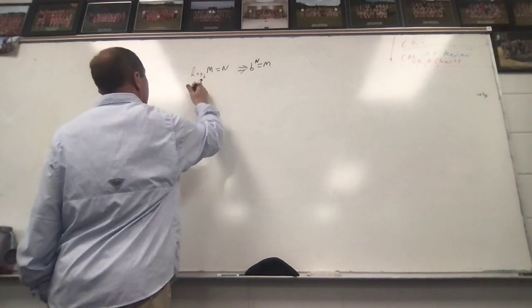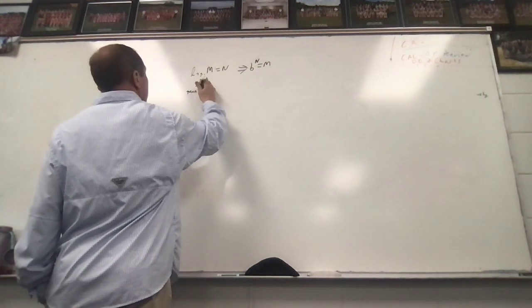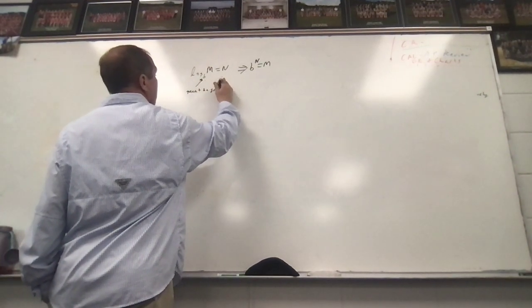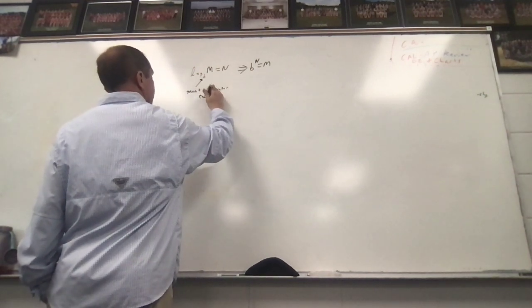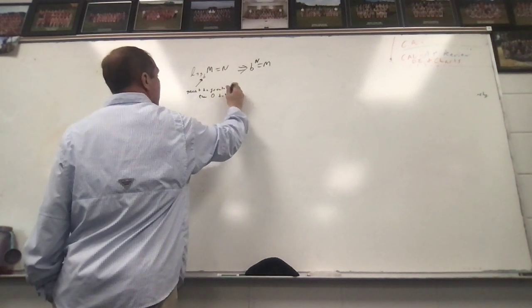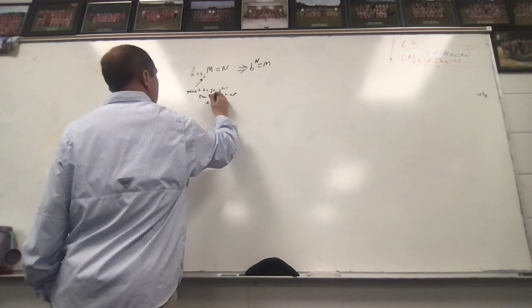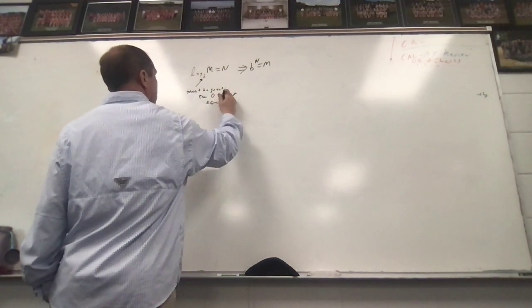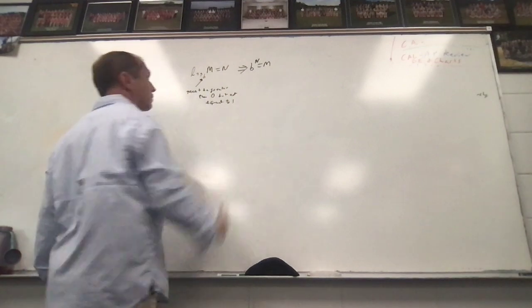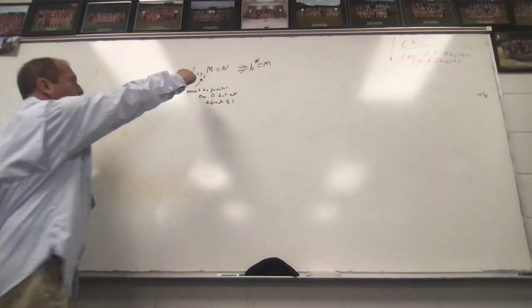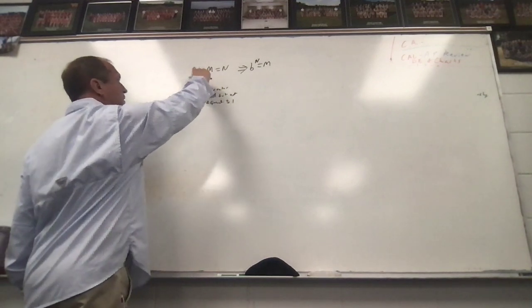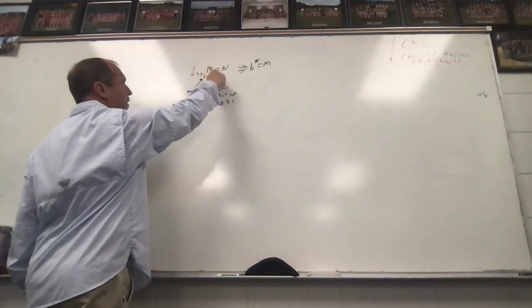b must be greater than 0, but not equal to 1. Now think about what b is. b is the base. We read this as the log base b of m is n.